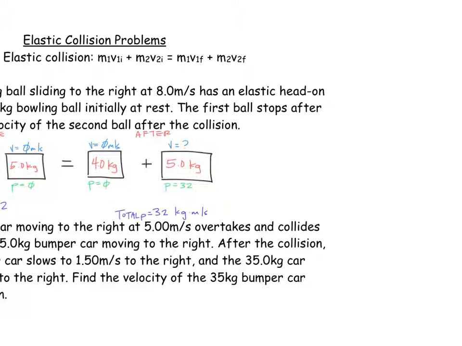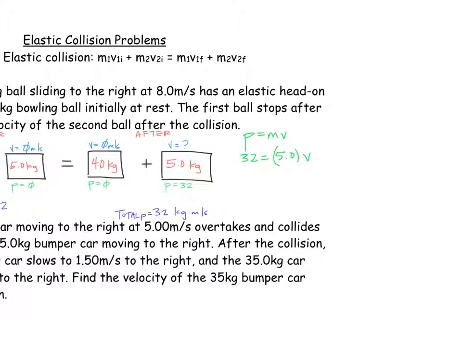Okay, so now that I have the momentum of this bowling ball, and I have the mass of this bowling ball, I can solve for the velocity of this bowling ball, using my momentum equation. And that momentum equation says P equals M times V. Well, if my momentum is 32 and my mass is 5, velocity is what I need to solve for.